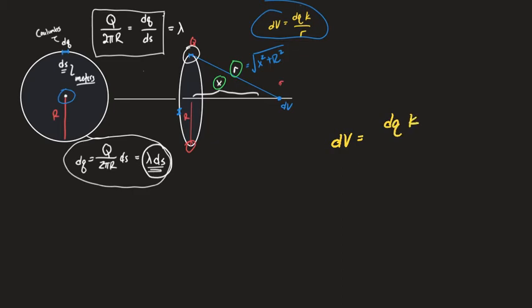So I'm going to put lambda ds k all over x squared plus r squared to the 1/2 power. Now, lambda, k, and x squared plus r squared to the 1/2 power, all of that stuff is constant. It's the same for every contribution from every piece of the ring.